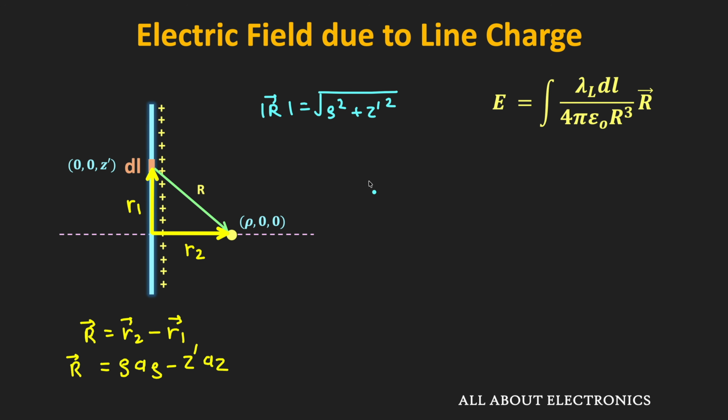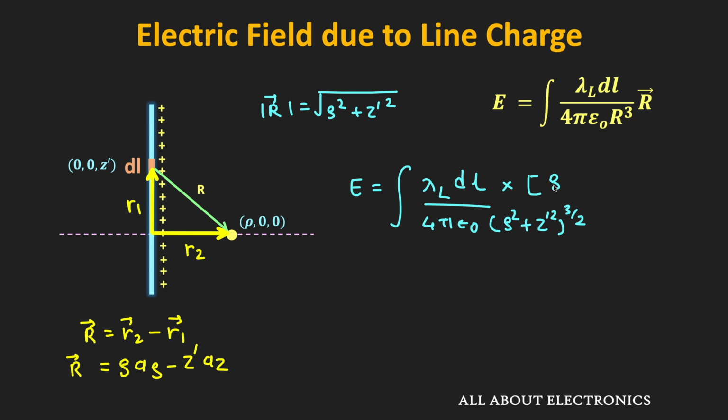So from this, we can say that the electric field intensity at the observation point is equal to the line integral of lambda L times dl, divided by 4 pi epsilon naught times rho square plus z dash square raised to 3 by 2, times r, where r is equal to rho times a rho minus z dash times az. Now the only thing we need to find is dl.